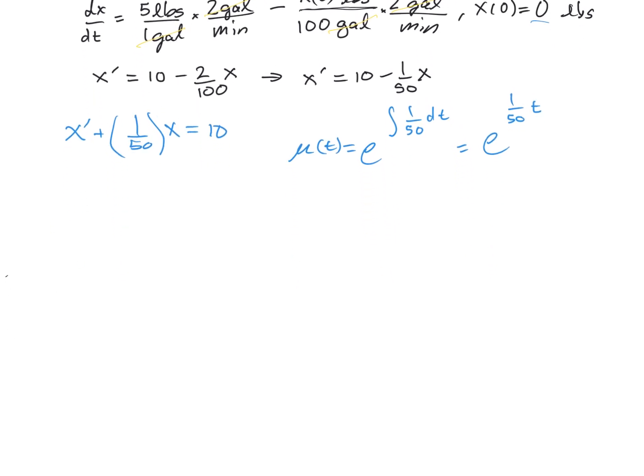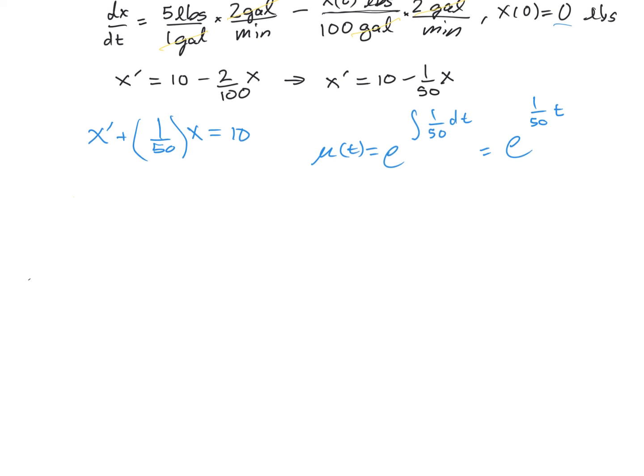Okay, now we need to multiply that integrating factor to our differential equation. So we're going to have our e to the 1 over 50 times t times our x prime plus 1 over 50 times x on this side, and of course we have 10 times that same e to the 1 over 50 times t.